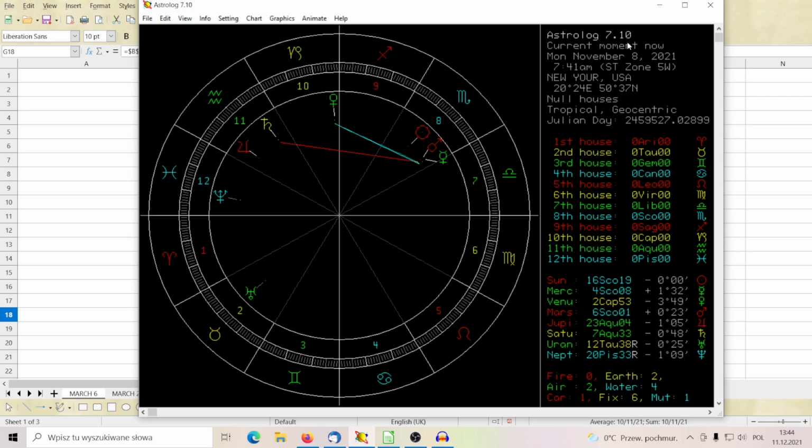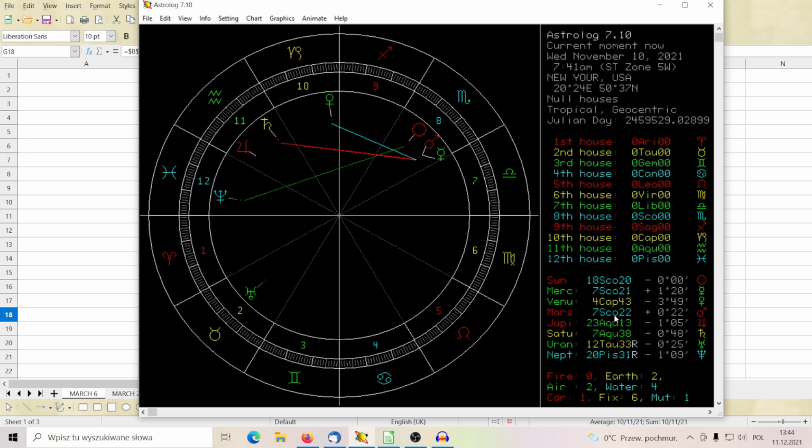Look over here. Over here it shows the date, 9th, 10th. What we can see here, look, here is the conjunction of Mars and Mercury. They conjunct. On November 10th, they were at the same degree exactly, 7 Scorpio and 7 Scorpio. Look over here, so it's exactly the same point.